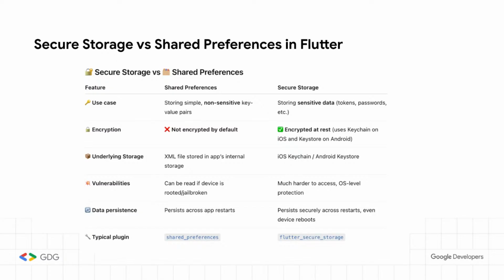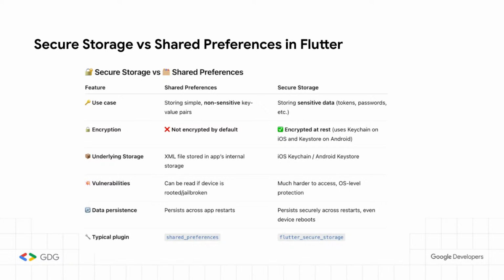Storing sensitive data like tokens, passwords, etc., should go in secure storage. There is no encryption happening in shared preferences, but in secure storage, we have encryption because of which it is considered the storage system for sensitive data.